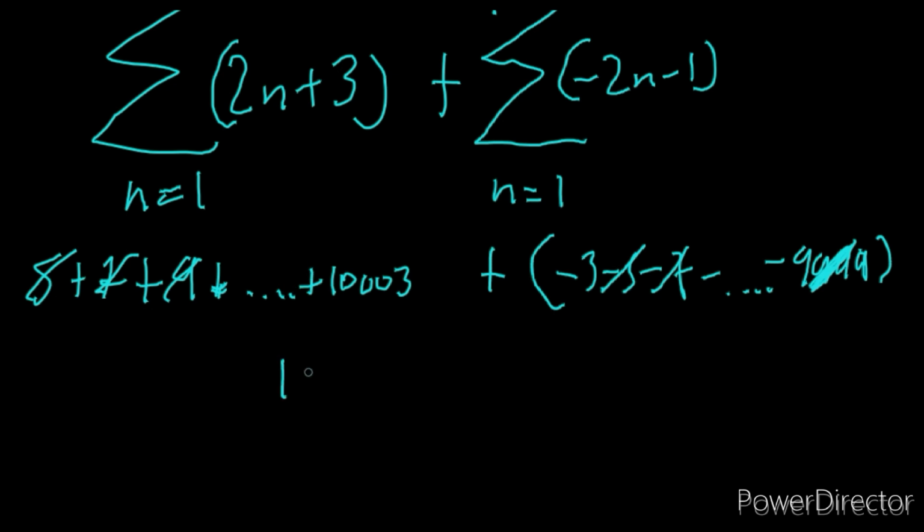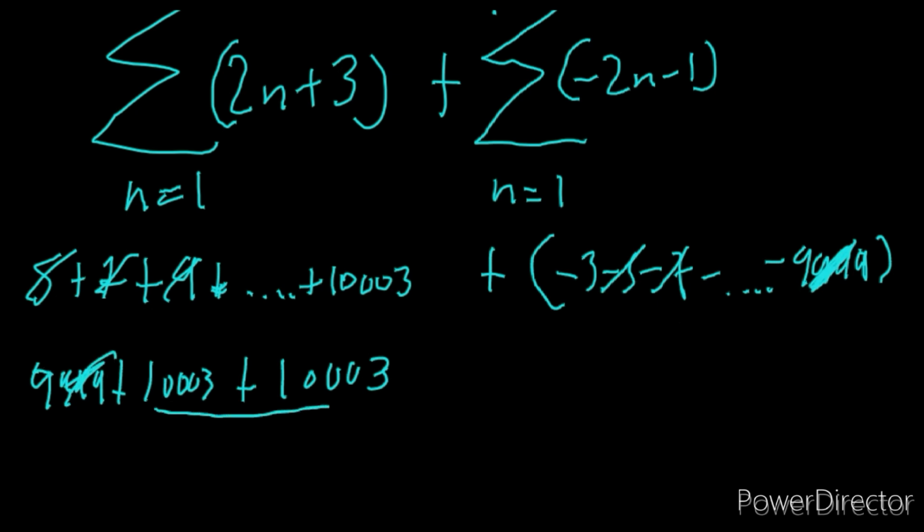Here we've got 10,003. The term before it is going to be 10,001, because the common difference is 2. And the term before it is 9999. So this will cancel with this, and we'll be left with these two terms.